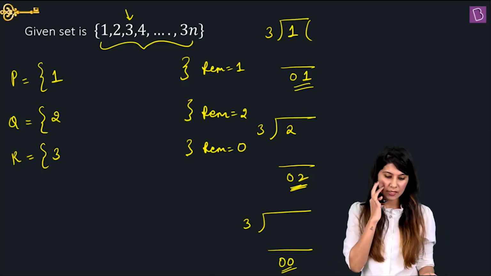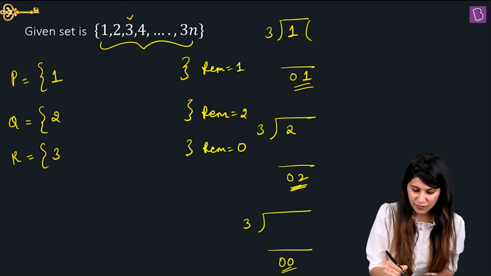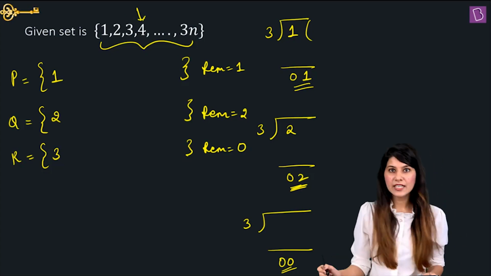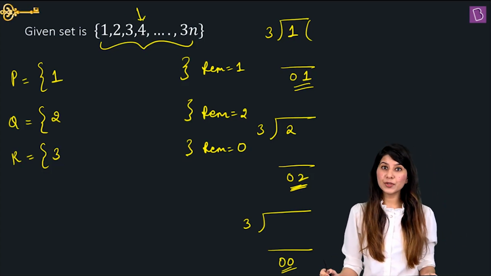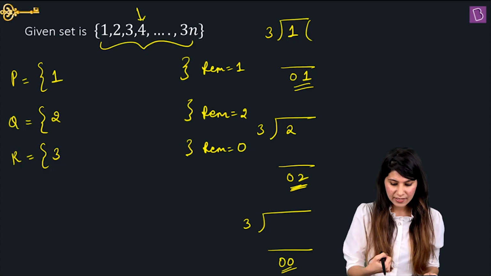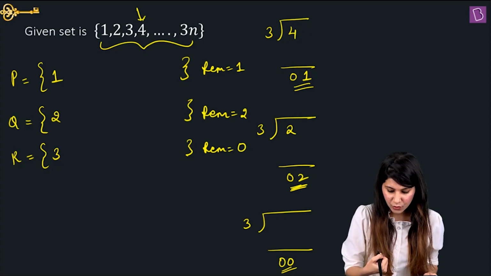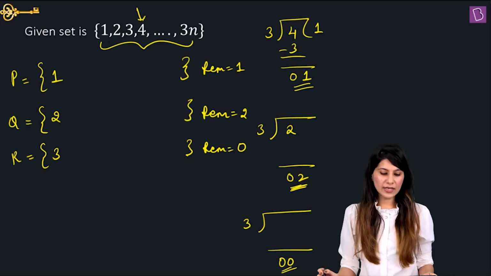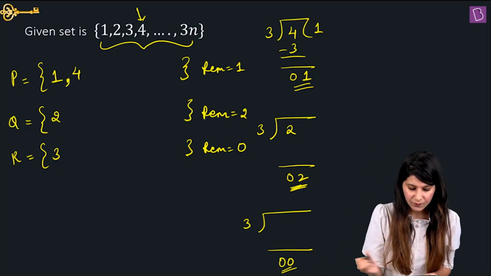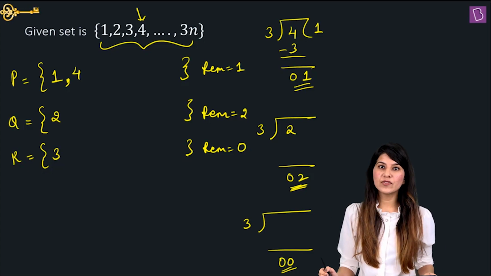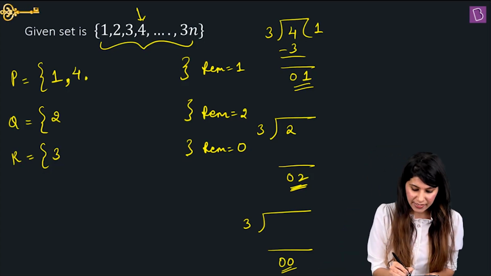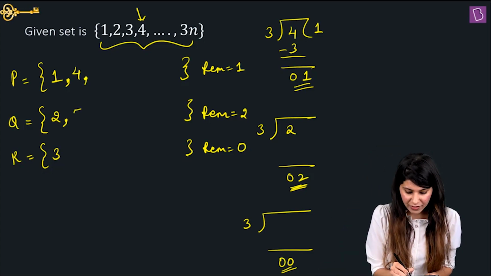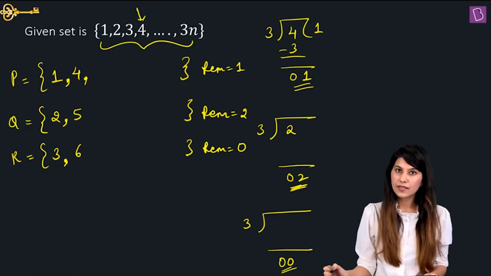Okay, let's move on to our next number, 4. When you divide 4 by 3, you get remainder 1, since 3 ones are 3. So I'll make 4 sit over here in set P. Similarly, 5 over here and 6 over here.